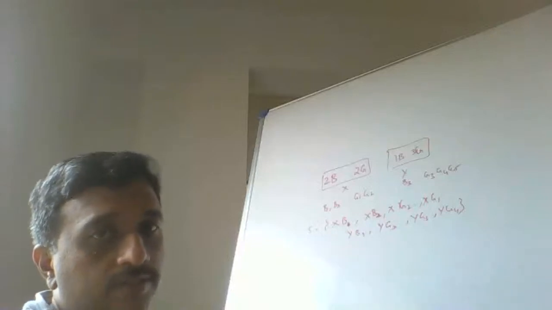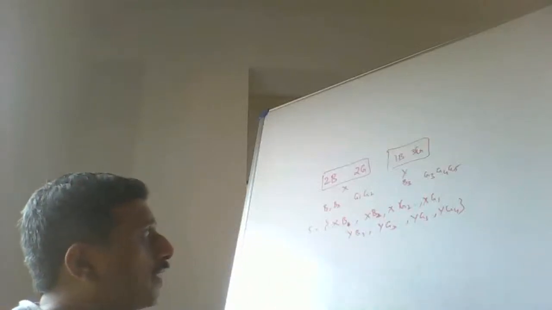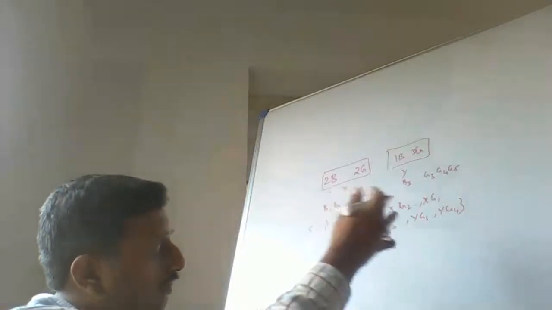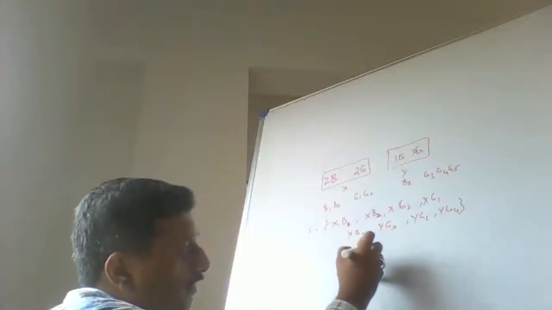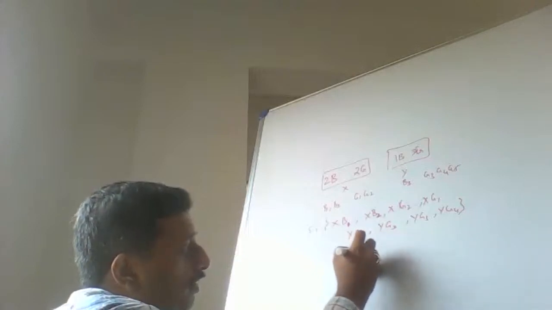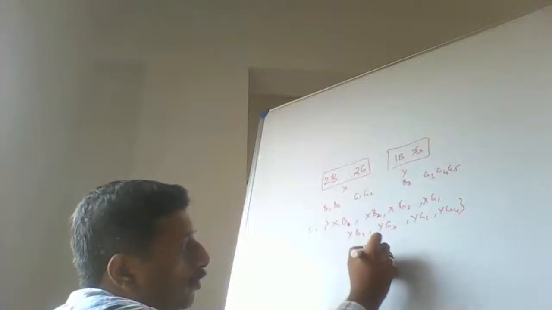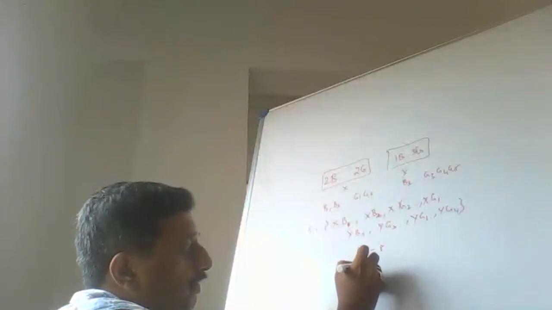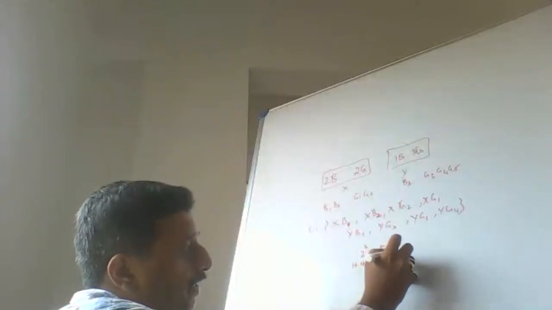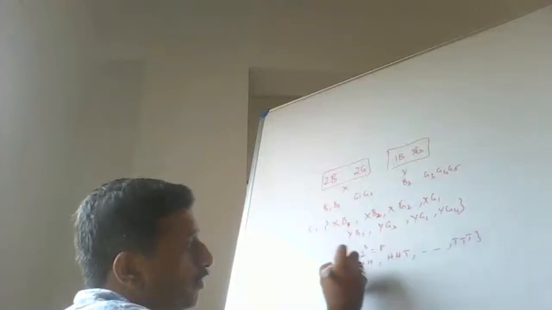As I already said in the previous problem, the sample space is the total number of possibilities. In the previous problem which I discussed, 2 cube is 8, so we got 8 as head and tail and so on.